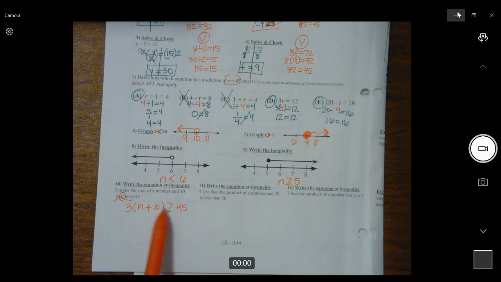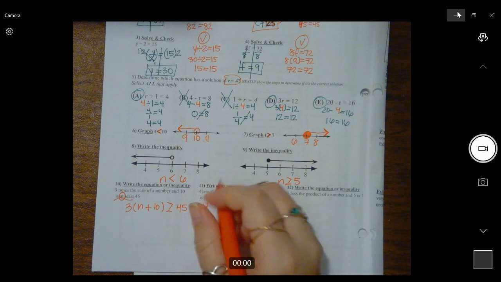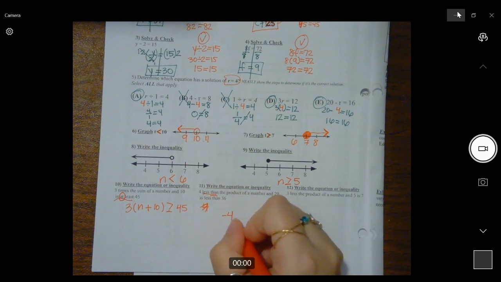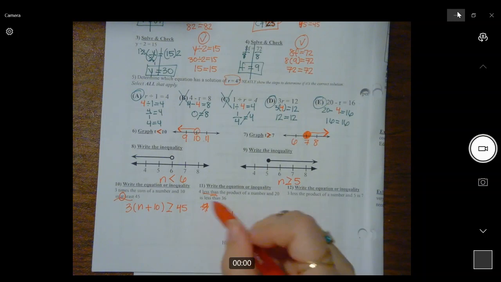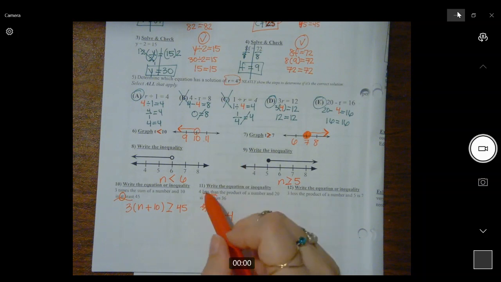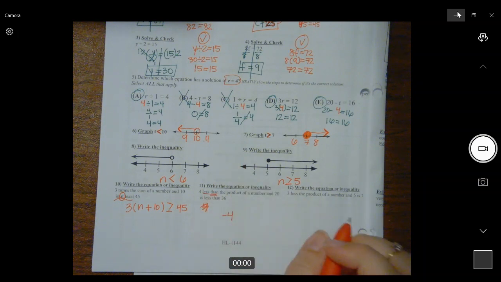And remember, when we're talking about these, it's always in reference to where your variable is. Okay, the next one says 4 less than. So I'm subtracting 4 from something, and you're like, wait a minute, why is it not a less than sign? Because that would say is less than if it was an inequality sign. So I'm taking 4 away from something. What am I taking 4 away from?